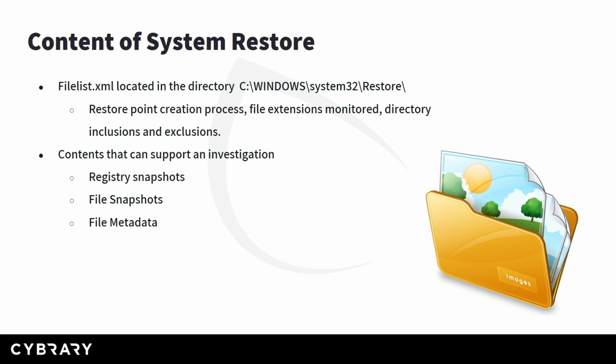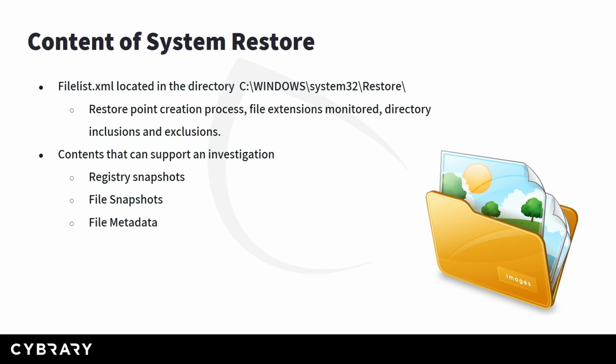This XML file guides the restore point creation process and dictates which file extensions will be monitored. Also contained in this list are the directory inclusions and exclusions. So it is important when reviewing system restore points that you first check the filelist XML for a comparison with the default values to rule out tampering.